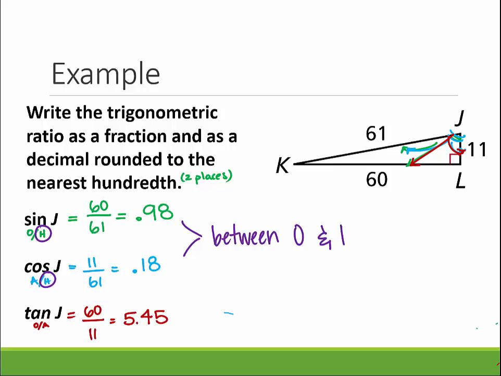Tangent, because it's opposite over adjacent and there's plenty of ways a triangle can look, this just needs to be greater than 0. It again can't be negative because we're talking about side lengths. So if you get something that is greater than 1 for sine or cosine, or a tangent that's negative, you made a mistake somewhere.